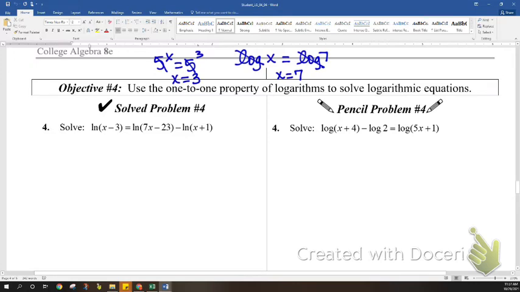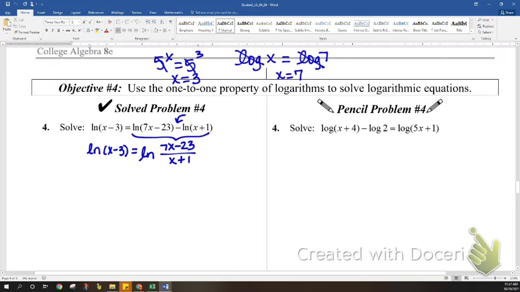All right, so notice on problem number 4, we have 3 different logarithms. 2 of them are on the same side, so I could combine them. So we got our natural log of x minus 3 equals. Now when I combine these, they're being subtracted, which means we combine them using division. So we're going to write the natural log once, and we'll put the first one on top, divided by the bottom one.